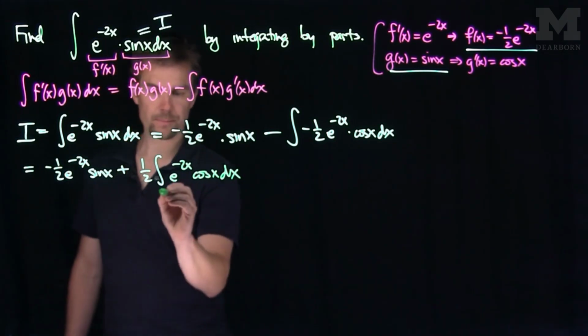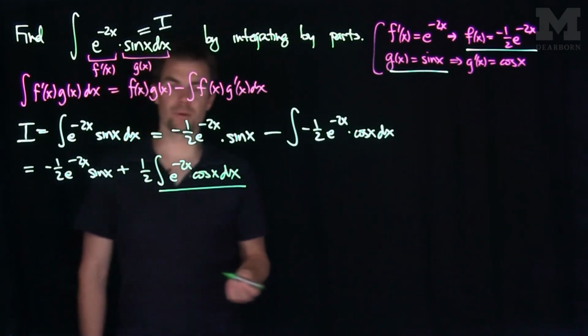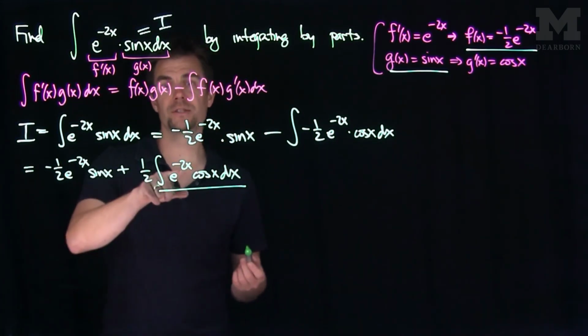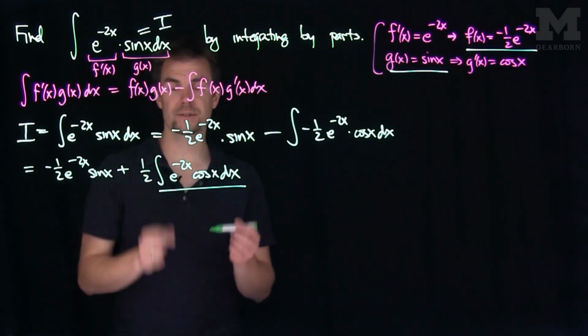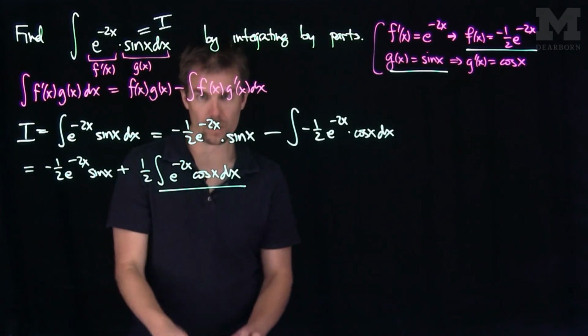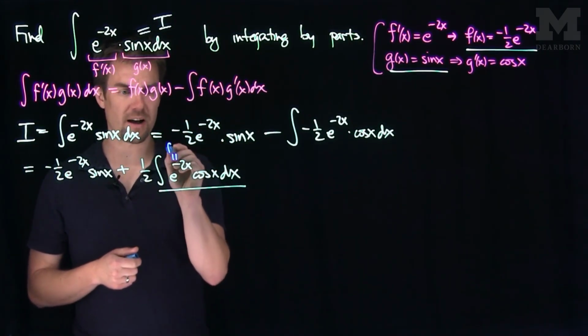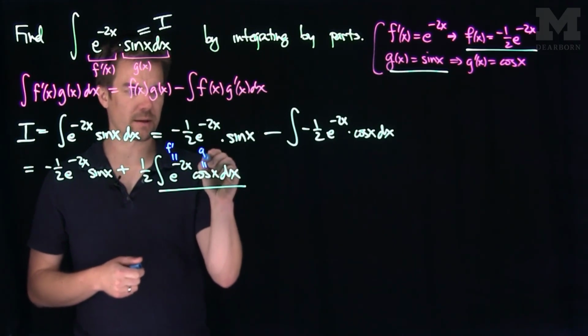It looks like we came across a very similar problem to the one we started with, only with sine replaced with cosine. The trick now is to integrate by parts one more time on this. We'll let e to the negative 2x be our f prime, and we'll let the cosine be our g.